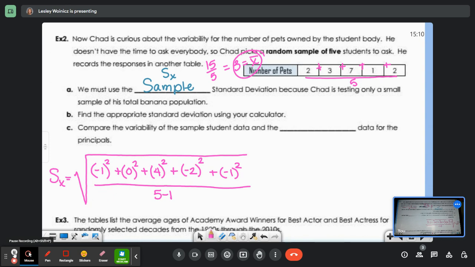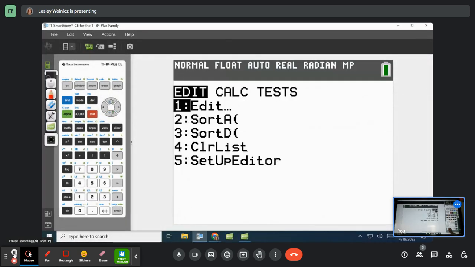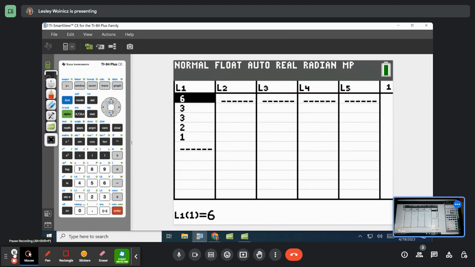Okay, let's put it in the calculator. Go back to stat, edit. Oh, okay, no, it's the number of pets. It's 2, 3, 7, 1, 2. Sorry, I messed up.